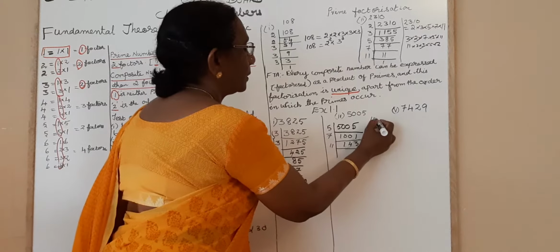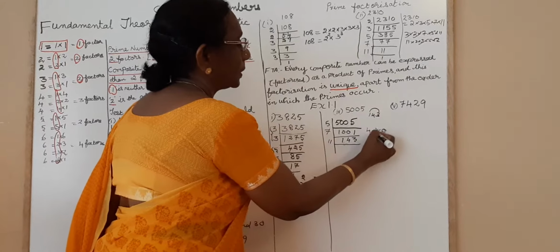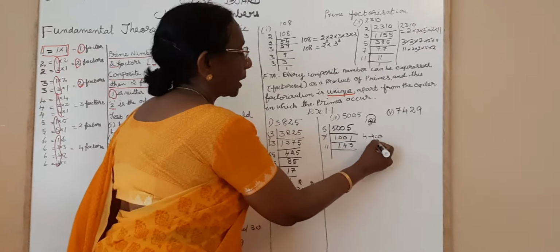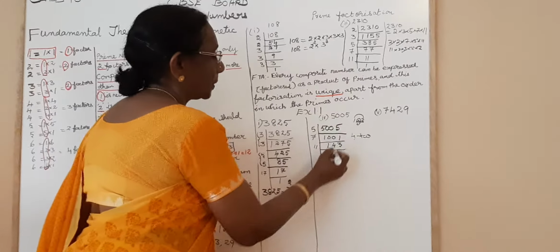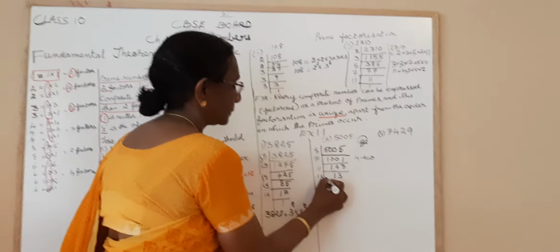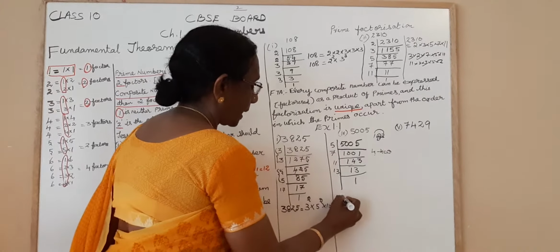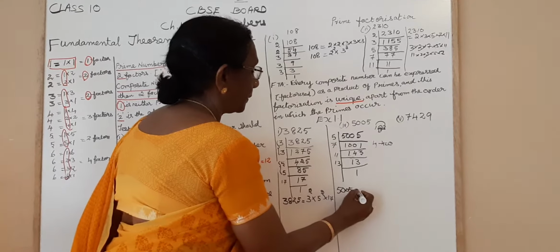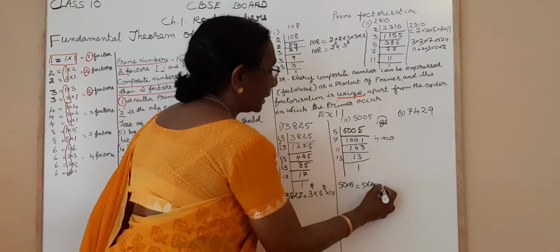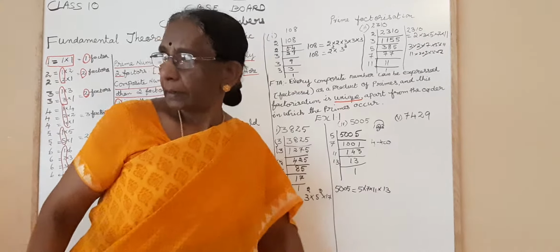Have you understood? 11 ones are 11, 13 ones are 13. So you can write the factors of 5005 are what? 5 into 7 into 11 into 13. Is it clear, children?